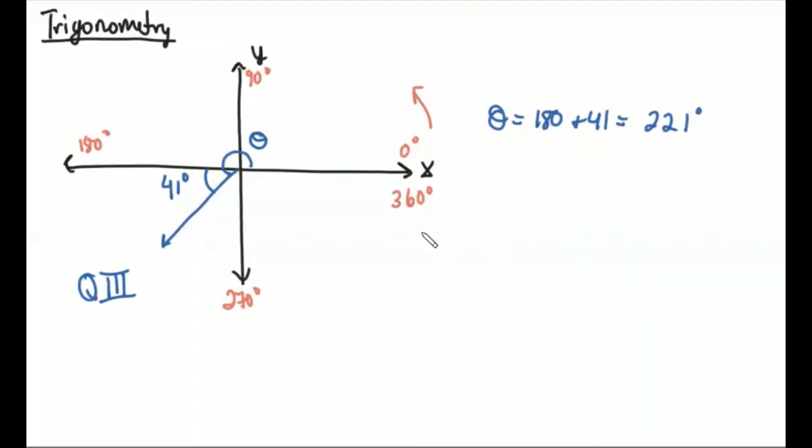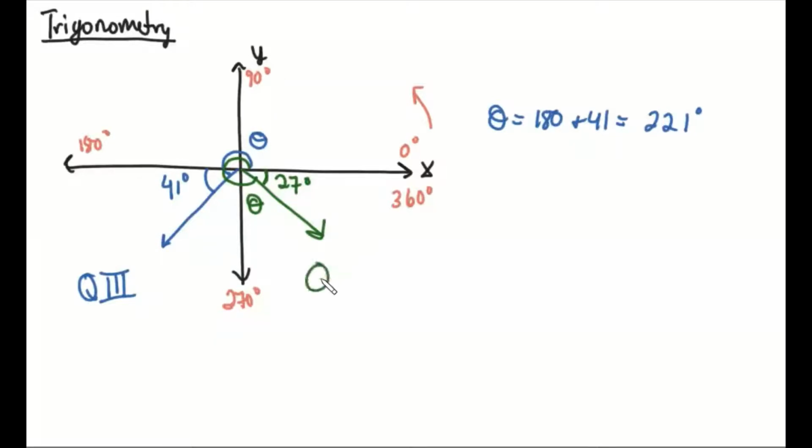Let's do another example. Let's do this green one here. We know that this angle in here is 27 degrees. I want to know what that angle in there is, this big angle in here.